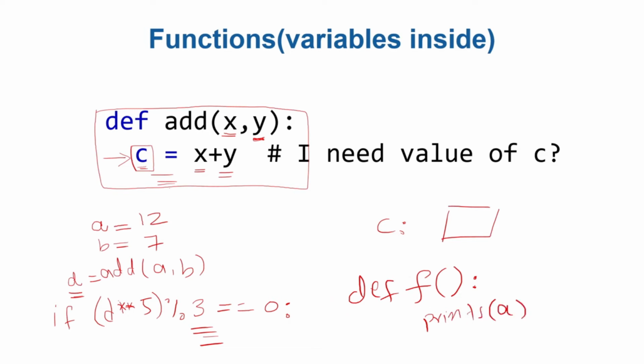This a is not even defined in f, but as long as a is defined before calling f, for example in the cell where we are writing the code, we say a is equal to 7 and then we call f. Because a was available before calling f, a is accessible here. So the variables that are available before the call are available inside the function, but the variables defined inside the function are not available outside.